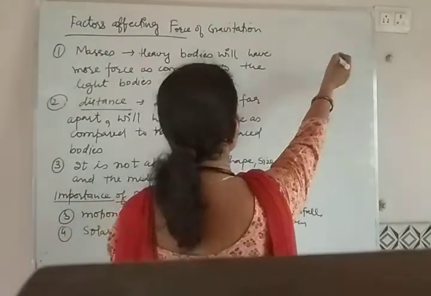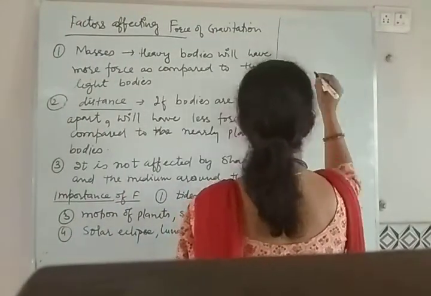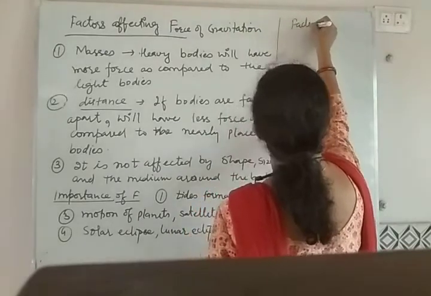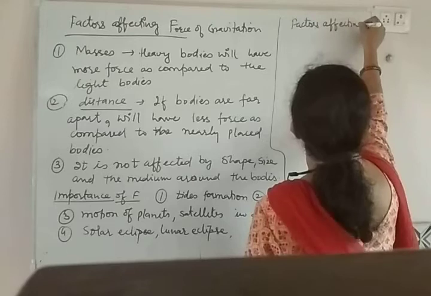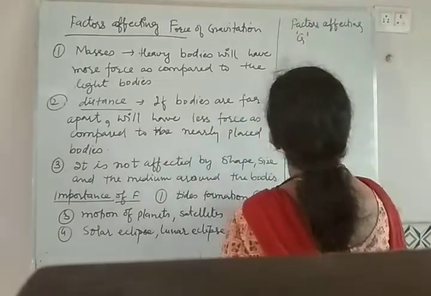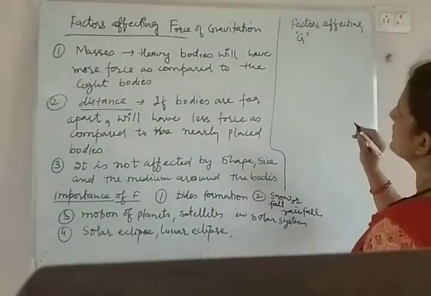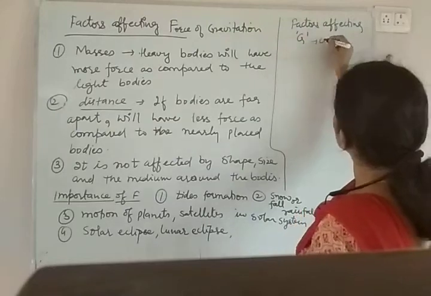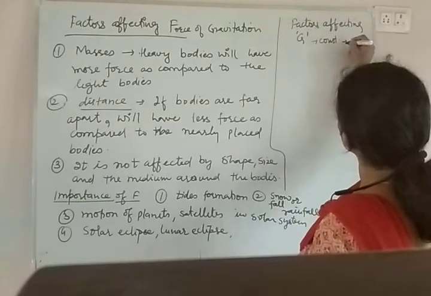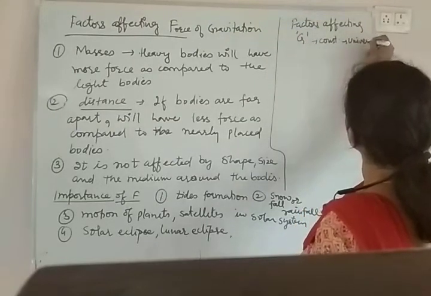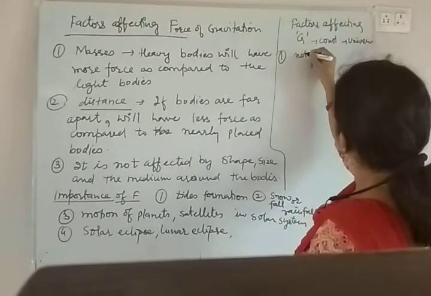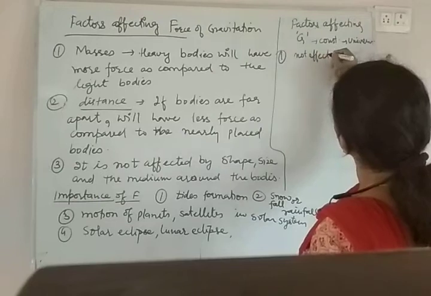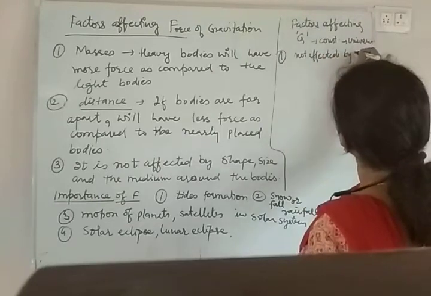Now one more point is there. What are the factors affecting capital G, whether it is affected or not? This capital G is a constant, and you can say a universal constant. Why is this so? Number 1, not affected by masses.